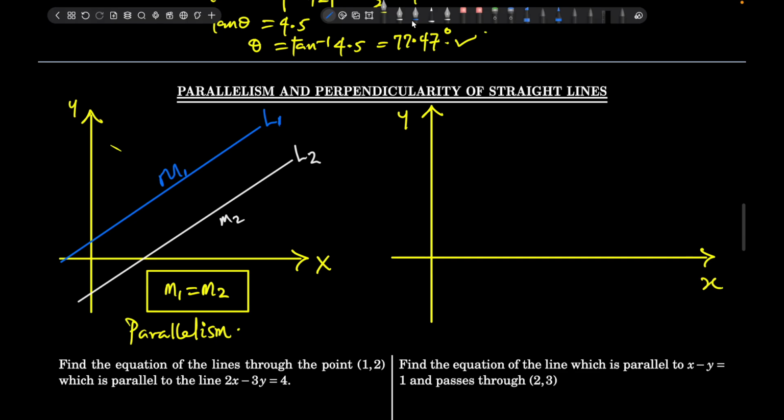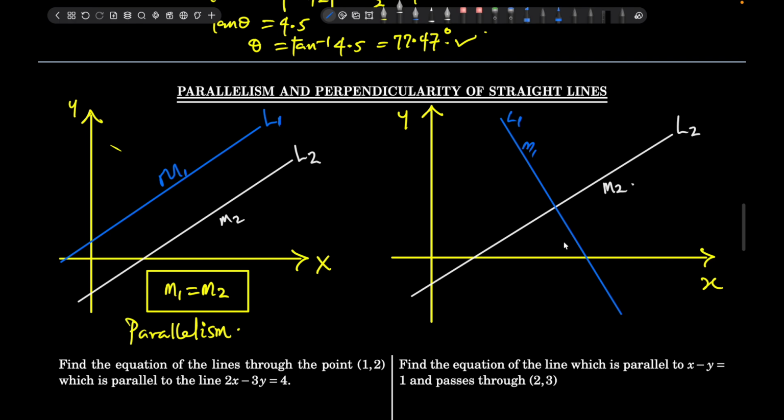Okay. So if two lines are perpendicular to each other, perpendicularity means that the angle between the two is 90 degrees. So let's call this L1 again, and let's call this M1. Then this one in white is L2. Then let's call the slope M2.